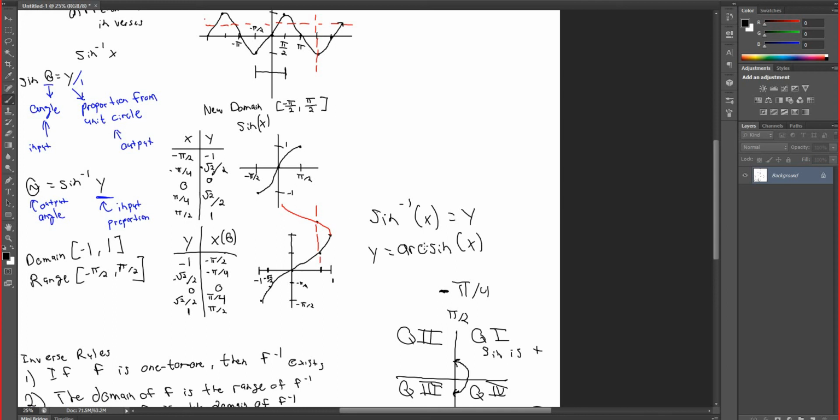So saying sine inverse of x or the arcsin of x are the exact same thing. There's no difference. These are equivalent. So don't panic if the book has arcsin, just know it is the inverse function.